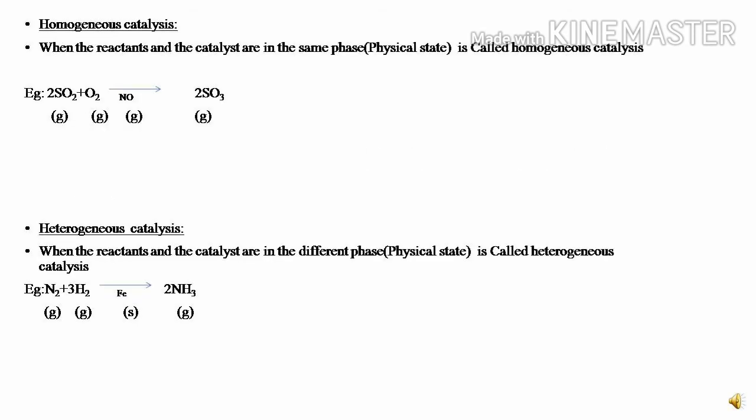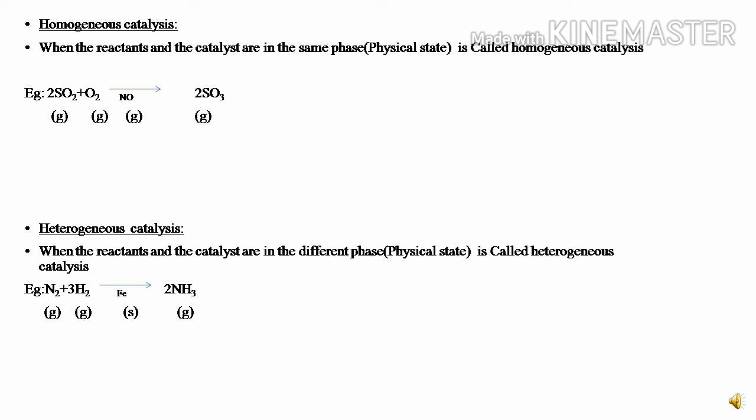First let us try to understand homogeneous catalysis. See the example carefully here. When sulfur dioxide and oxygen react together, they form sulfur trioxide. If you observe the reaction carefully, the reaction occurs in the presence of nitric oxide. Here sulfur dioxide and oxygen are the reactants, and nitric oxide is the catalyst.